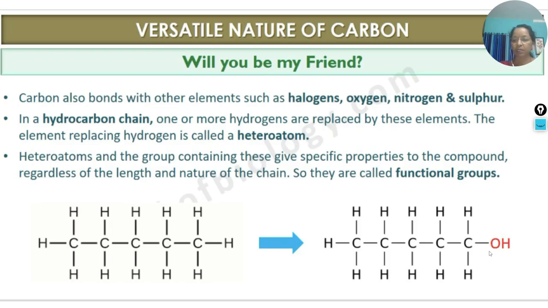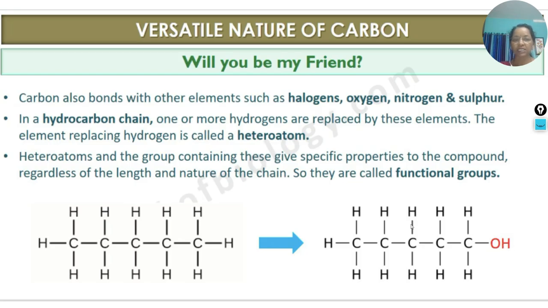For example, here in this picture, carbon is joining with oxygen, but OH is forming a group which contributes a special property to this compound, and we call this group a functional group. So in this topic we'll be talking about functional groups.